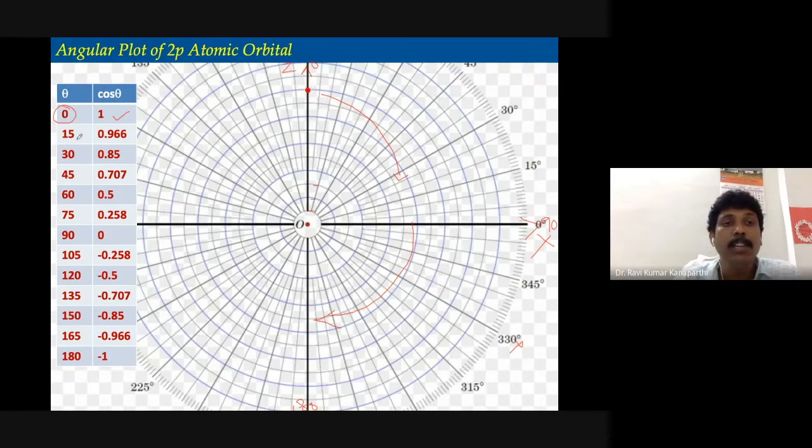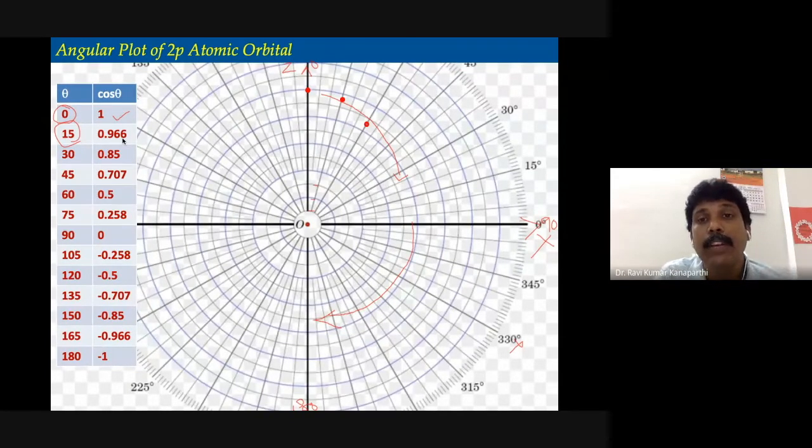Now the next point is 15. That means you have to consider this axis, and on this axis you mark the point at 0.966. I am marking that. You can see that, at 0.966, that is the point. And then what about 30? At 30, I have a value of 0.85.